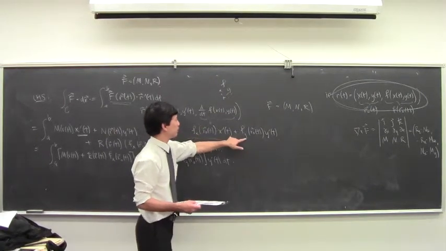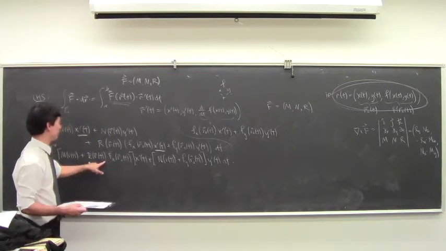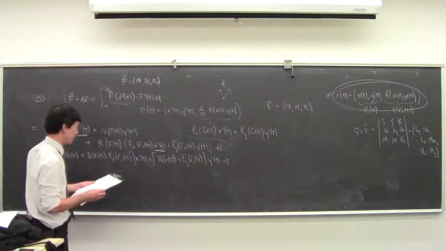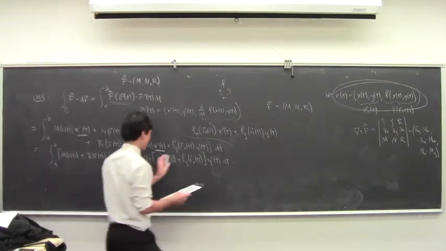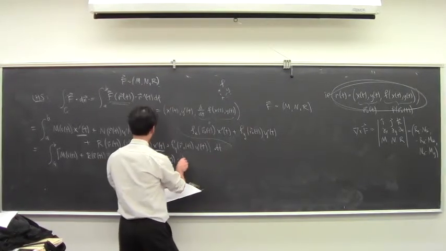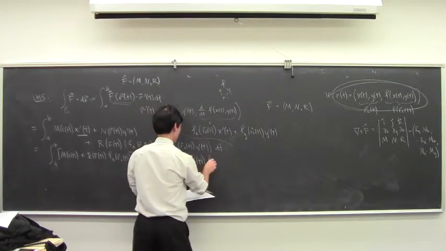Where did the big R go? It's right here. Oh, thank you. Yeah, there should be an R. Sorry, I thought you meant little r. Thank you. So R of r(t) f sub y.